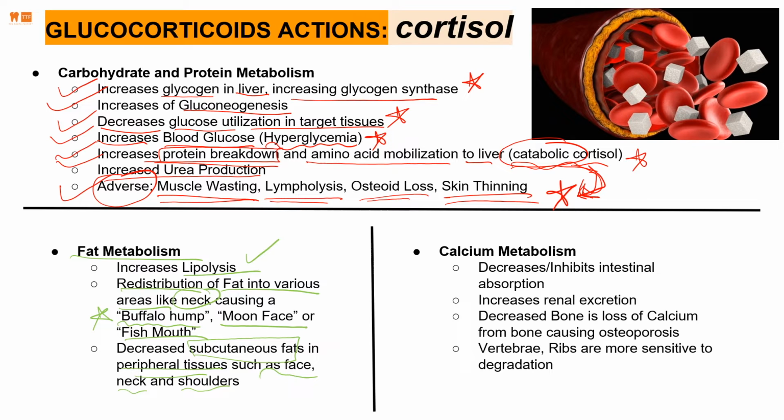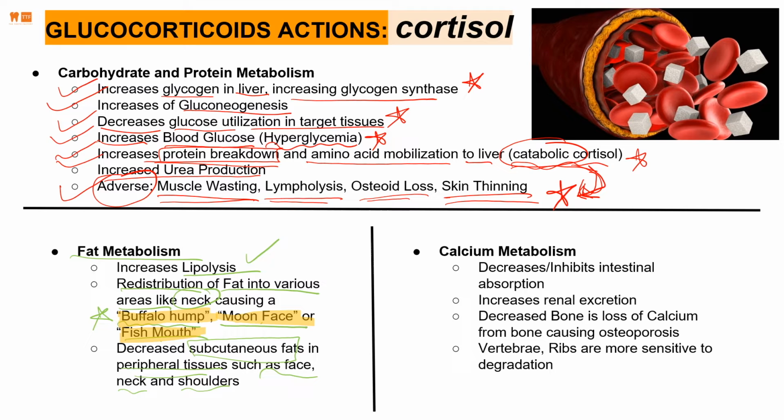So we'll take a look at the picture in the future, but all the fat deposits itself in the neck and then decreases from the peripheral tissues like face and shoulders in varying ratios. Therefore, it causes buffalo hump, moon face, fish mouth. So very important for us to remember: buffalo hump, moon face, fish mouth.